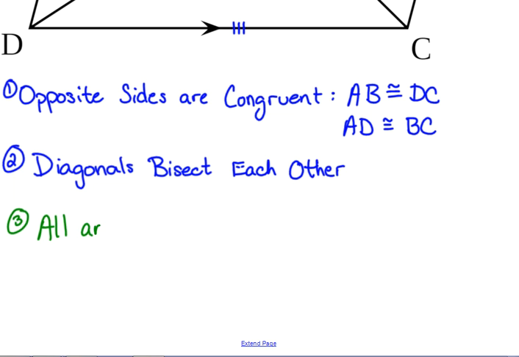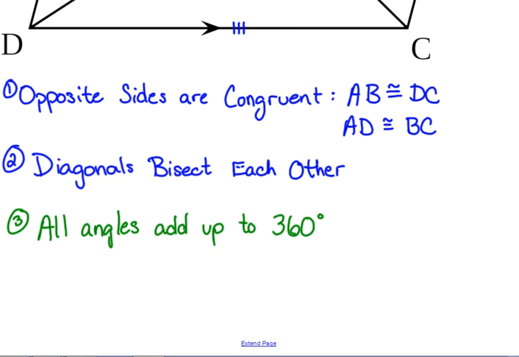All angles add up to 360 degrees. Okay, when we add them all together, we get a total of 360 degrees. That's true about any quadrilateral. Okay, that is true about any 4-sided figure. All your angles add up to 360 degrees.